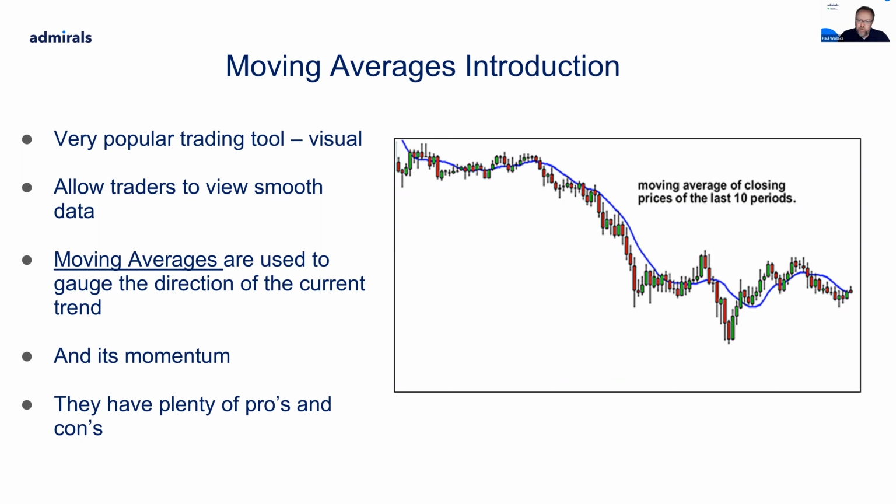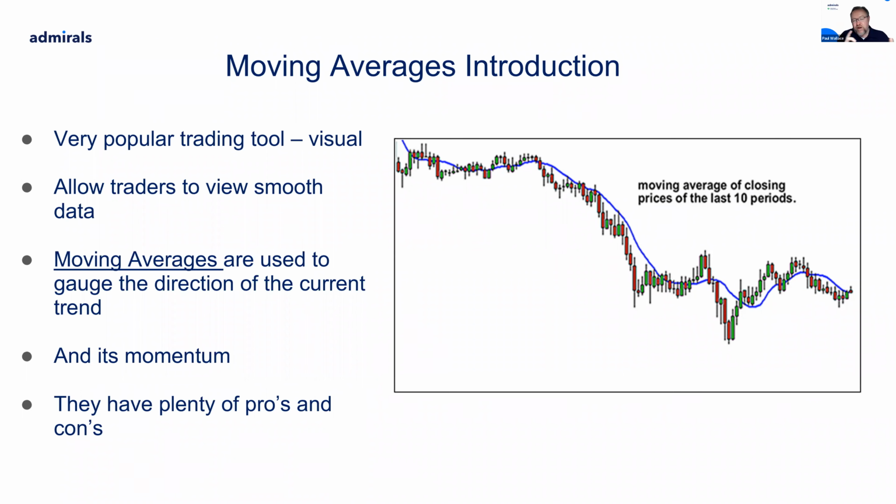That's what we see. However, really, all a moving average does is allow traders to view smooth data. It smooths the price action that we see. Many people will use moving averages to gauge the direction of the current trend and also its momentum.